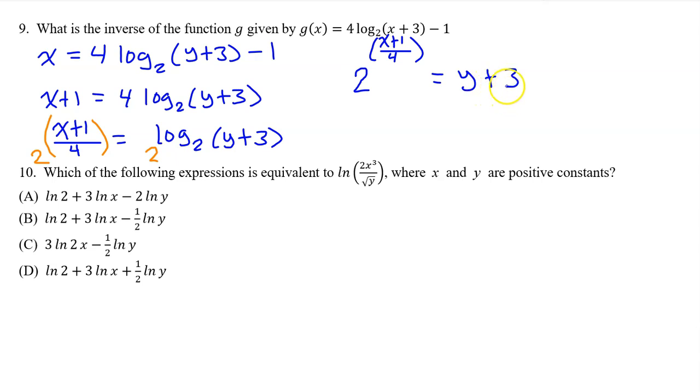Finally, we will subtract 3 from both sides. And for the final answer, instead of writing y, we need to write g inverse, which looks like this. So g with a little -1 superscript. So that's read g inverse is equal to 2 to the x plus 1 over 4 power, and then minus 3.